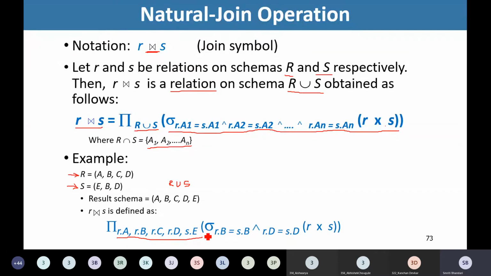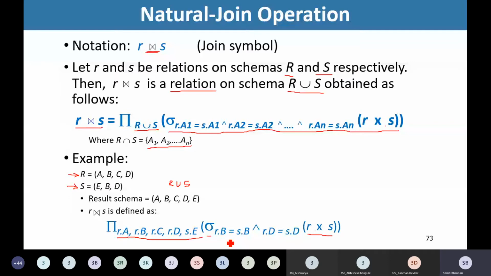Now we are going to extract these attributes from both R and S. How are we going to write the next part of the query? We have the Cartesian product of R and S, so R cross S, and we have the selection operation on the result of R cross S with a predicate. What would that predicate be?